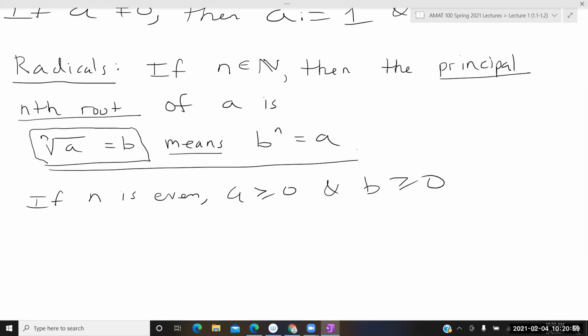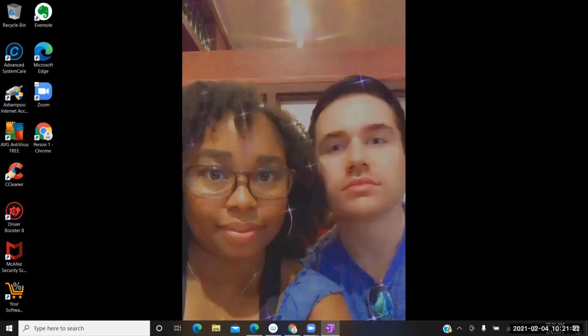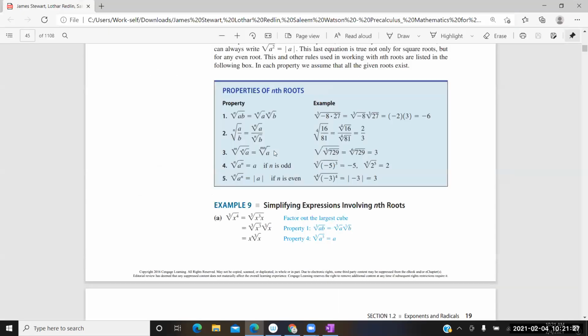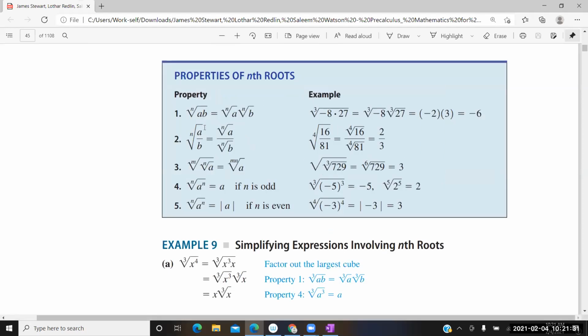And there's some examples, but as I said, I think I'll just go over those tomorrow. And let me just show you the properties first. So this is assuming, you have to be careful about whether A or B is positive, and actually they don't really state it here.